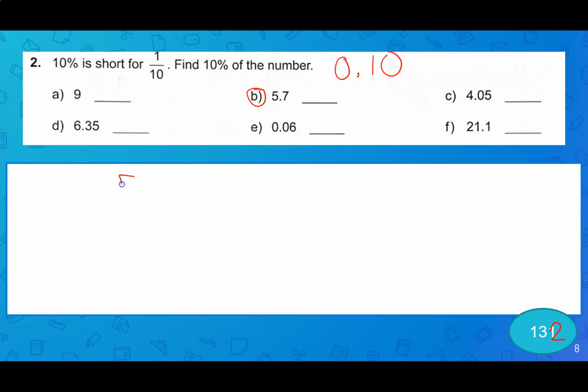Let's start with 5.7. Again, I think it may be easiest to think of this like money. Let's add a 0 so it looks more like a price. So if we have $5.70, what is 10% of that number? So again, maybe a friend has helped you out with a job, but they weren't all that helpful.